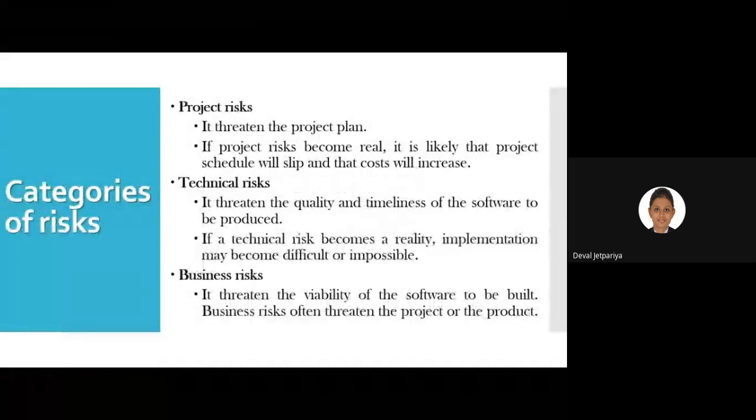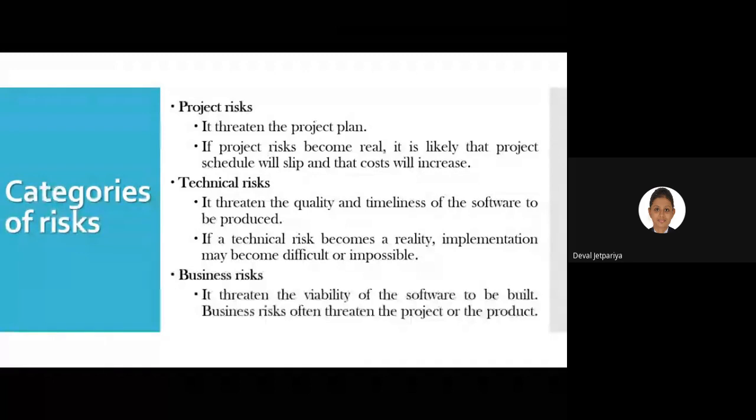After that, project risk. That means categories of your risk. What type of category can you analyze? So the first one is project risk. Second one is technical risk. Third one is business risk. So these are the major categories of risk. One is related to your project and the work going on in the project. Second one is technical issues, like electricity, network, some portable devices not working, some servers are down.